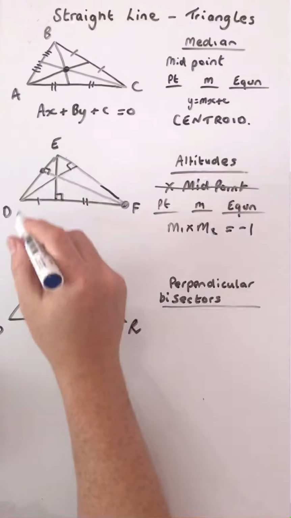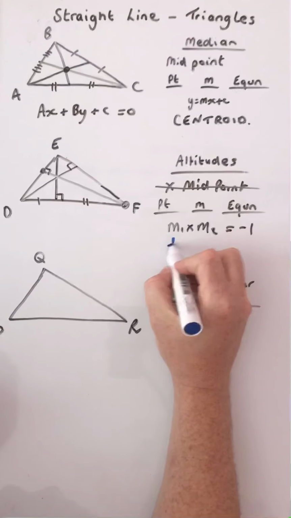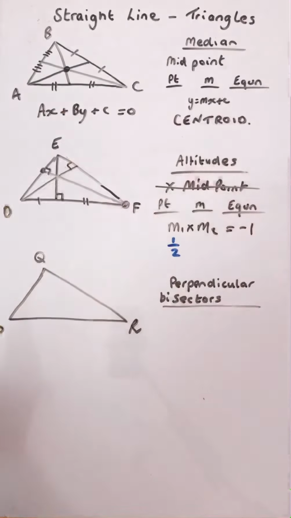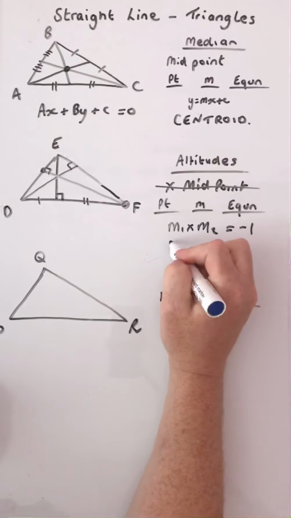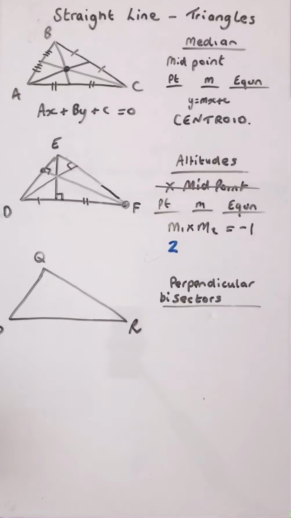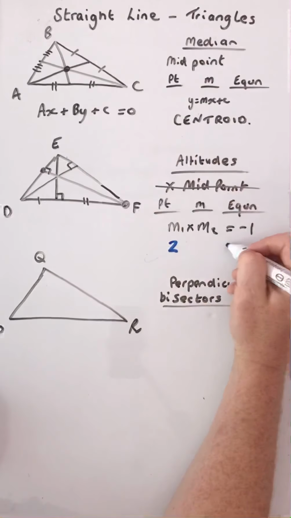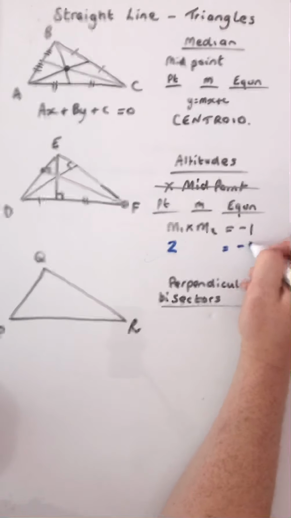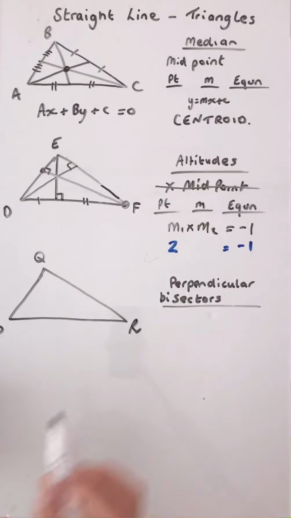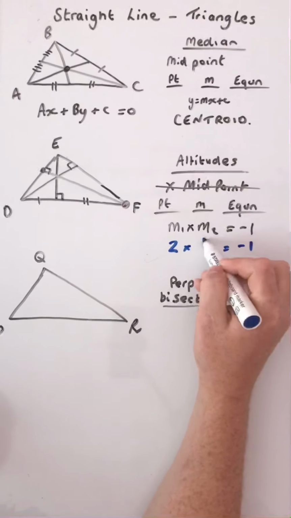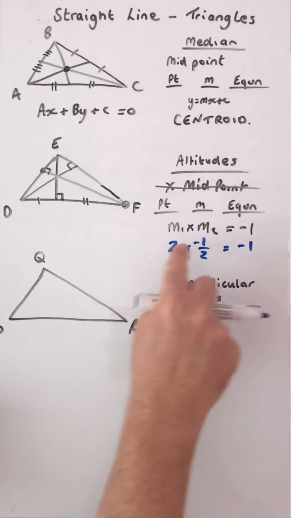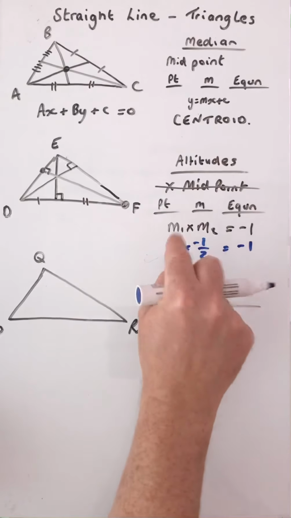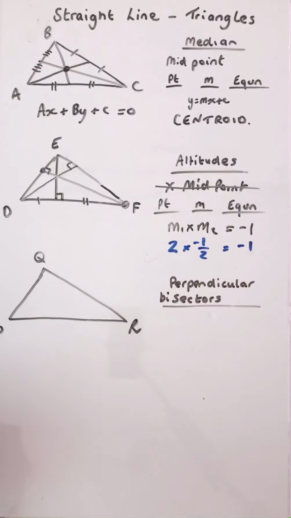So let's say that DE was 2. The product of 2 to give you -1 will be -1/2. 2 multiplied by -1/2 is -1.